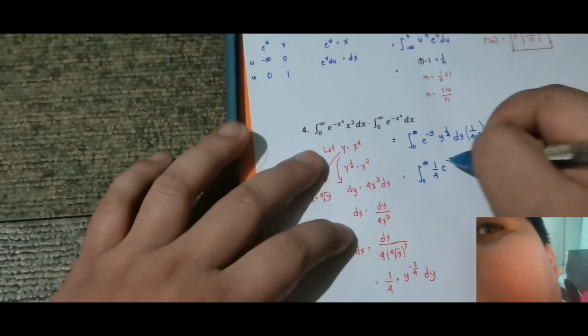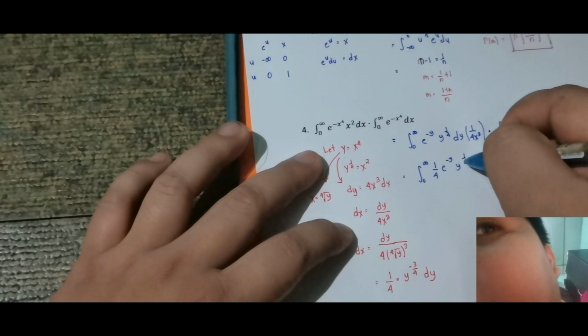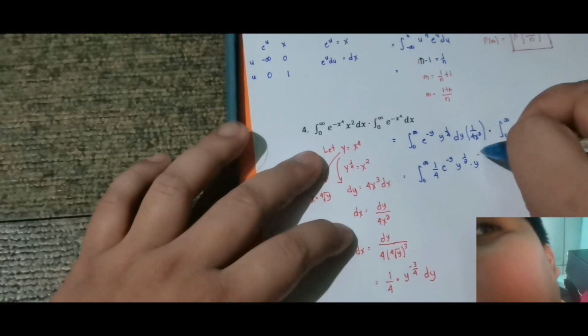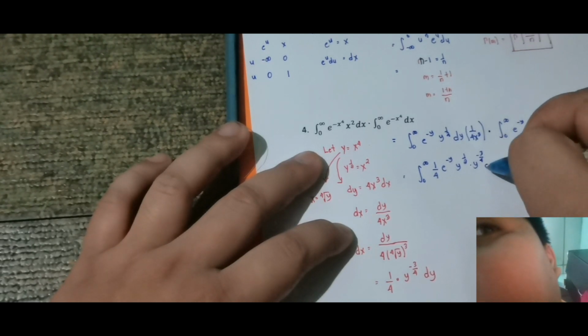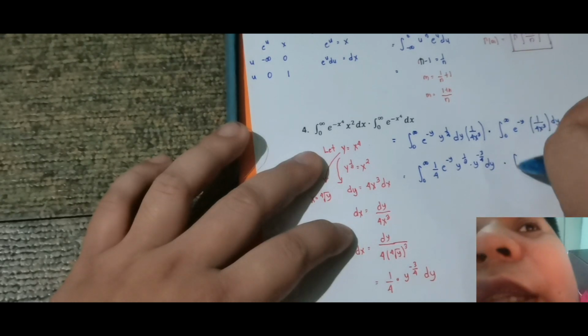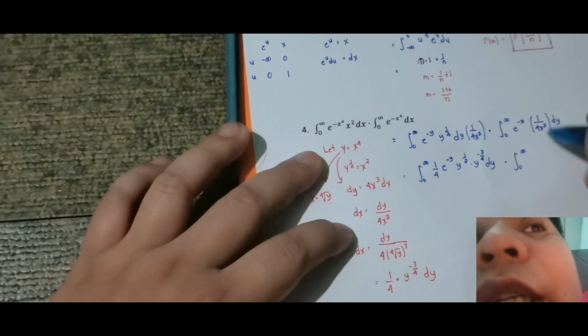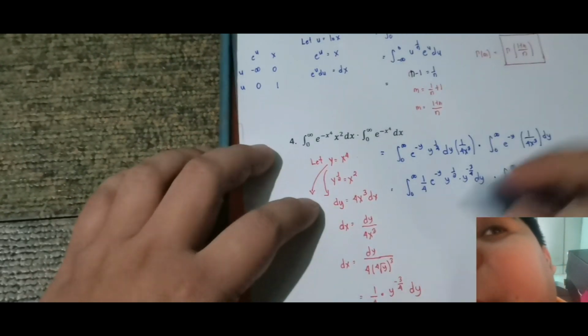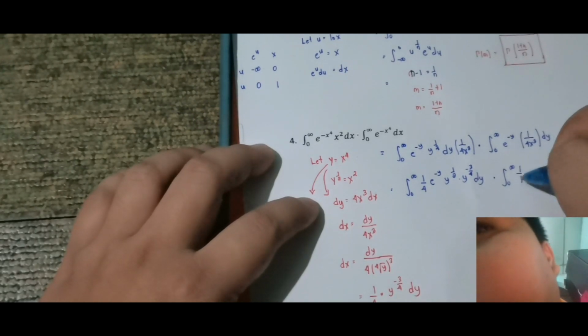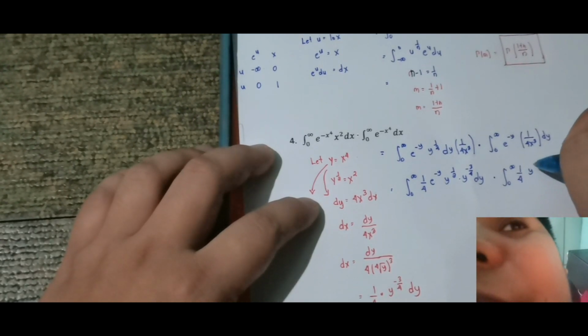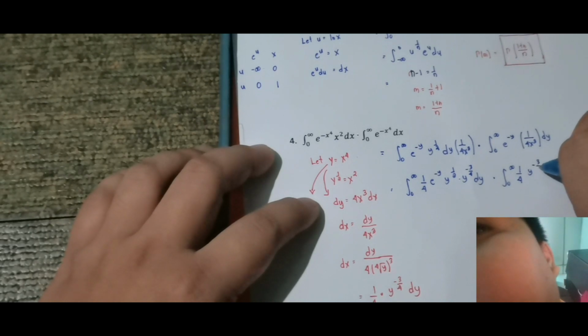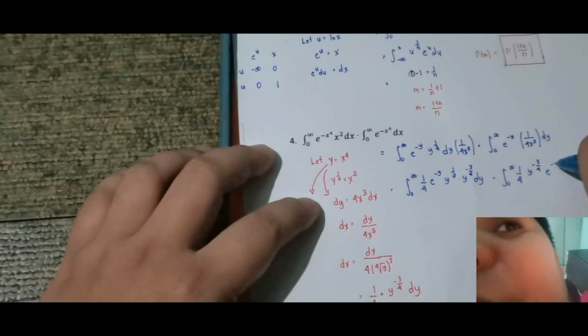E raised to negative y. Y raised to 1 half. Tapos, mayroon pang y raised sa negative 3 over 4. Then, dy. Multiplied by integral from 0 up to infinity. Nang ito ay similar case dito, may 1 port. Tapos y raised to negative 3 over 4. Tapos e raised to negative y dy.